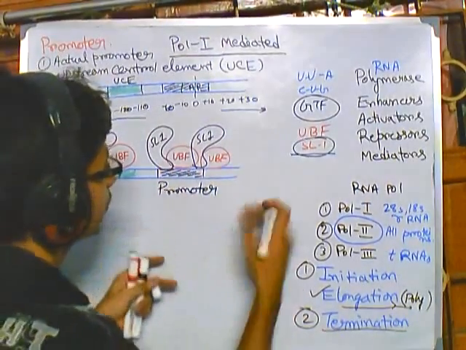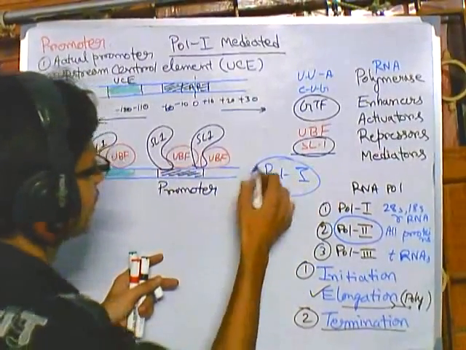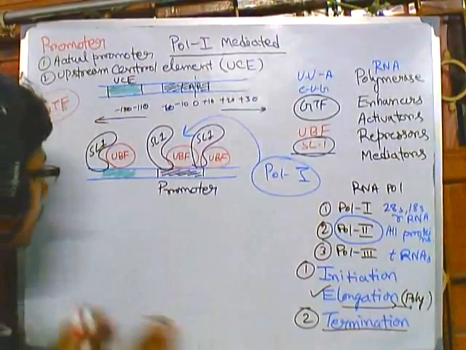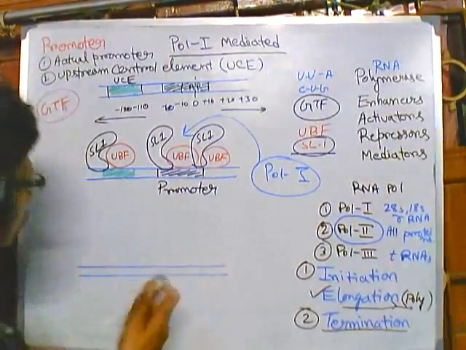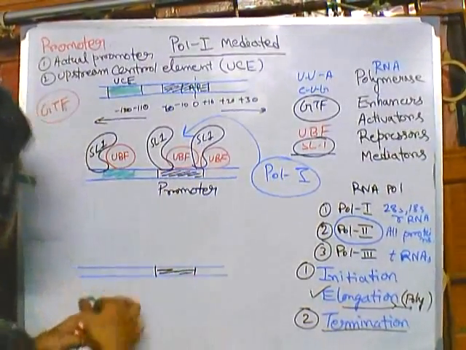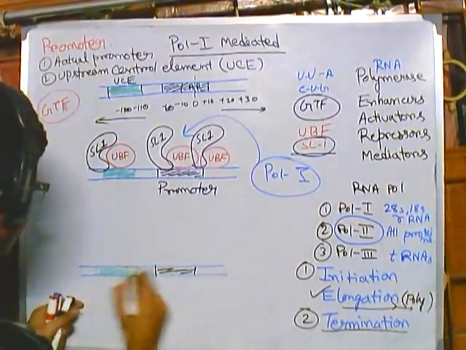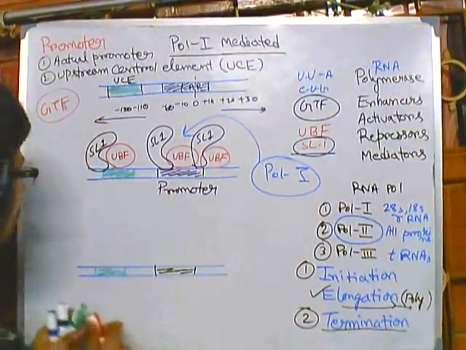So here is a polymerase I sitting here. It will bring polymerase to the scene, and then it will happen something like that. So we are having this DNA. I'm not going to draw in detail. So this is the control element, and here we are going to see these UBFs.